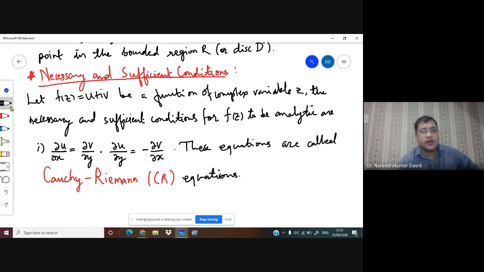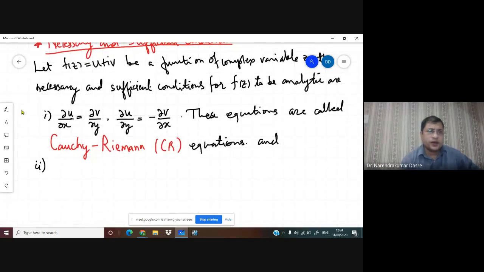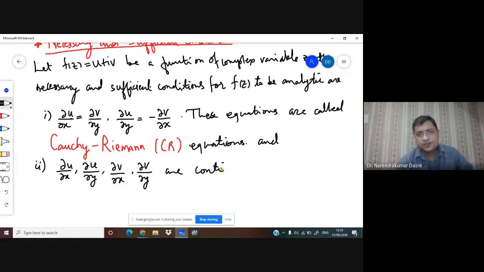So we have one more condition. What is that condition? We have the second condition, which is very important. The second condition is that ∂u/∂x, ∂u/∂y, ∂v/∂x and ∂v/∂y, that means all the first order partial derivatives that I have calculated here, are continuous in x and y.